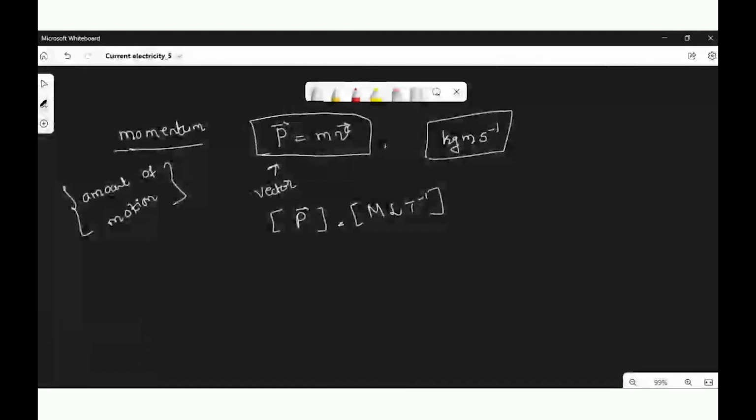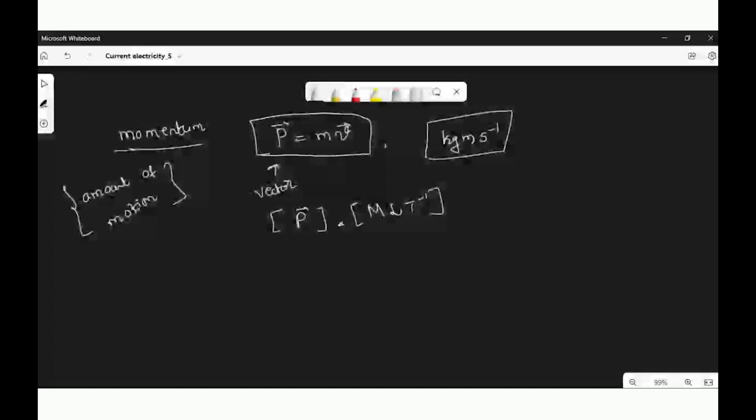So that is how we define it: the same force for the same time causes the same change in momentum for different bodies. This is just Newton's law in a different way.